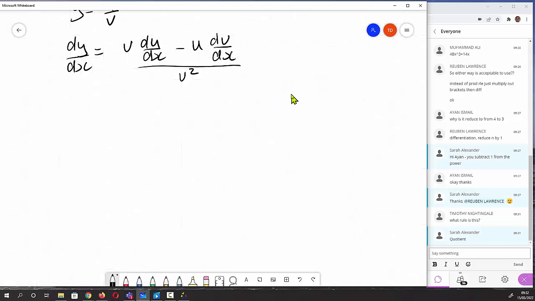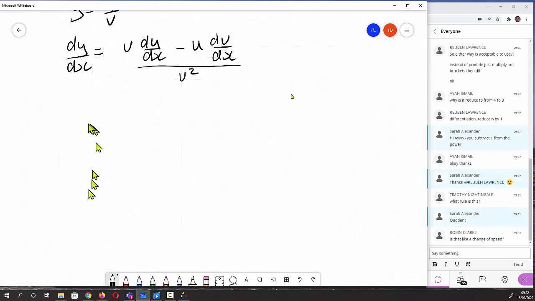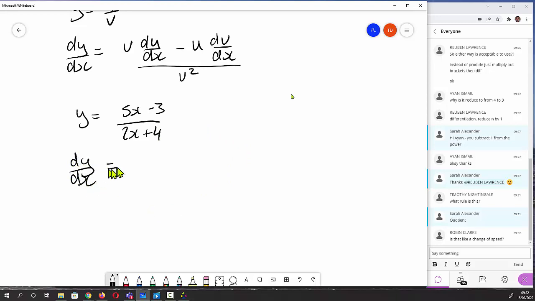Okay, let's do a quick example of that, shall we? So I don't know, let's say y is equal to 5x minus 3 over 2x plus 4. Okay, so dy by dx is equal to, right, so let's see what we've got to do here.